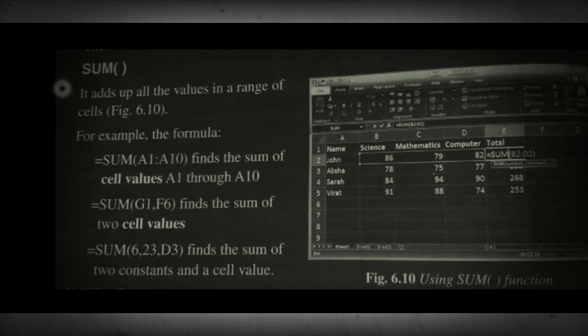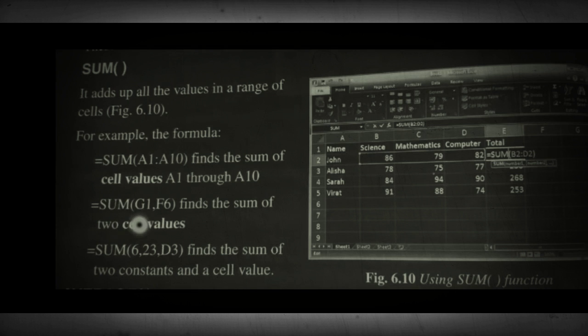Sum adds up all the values in a range of cells. For example, the formula SUM A1 to A10 finds the sum of cell values A1 through A10.